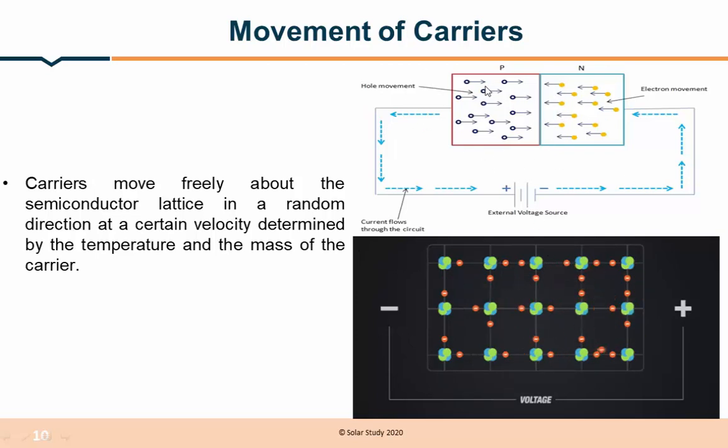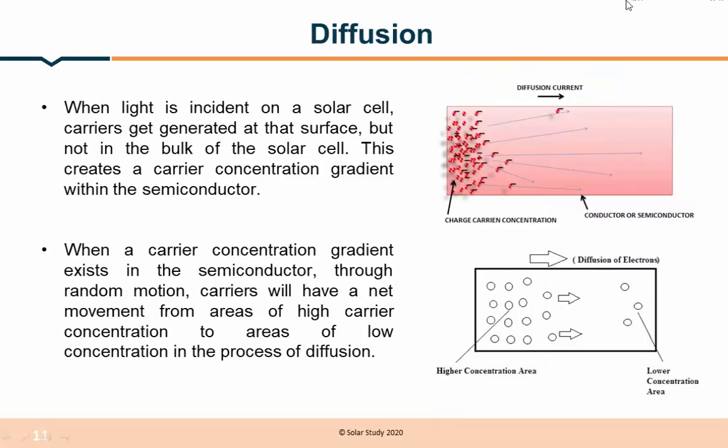You can see in this image, when sufficient voltage is applied, these negatively charged electrons move towards the positively charged ions. In this case, recombination of electrons takes place.